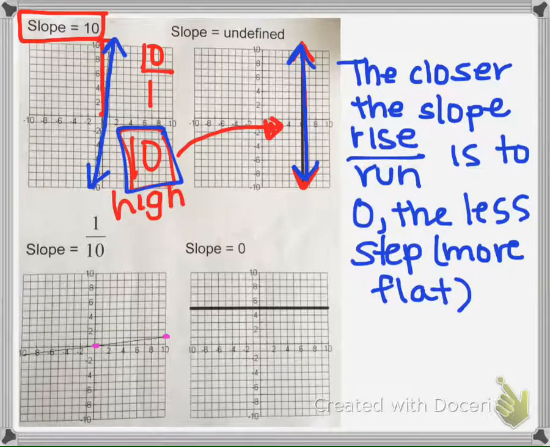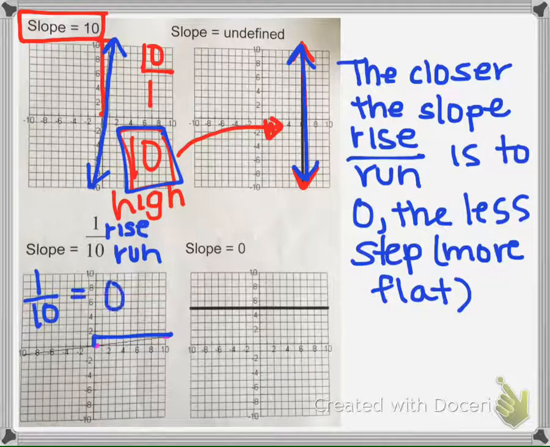Now, if we take a look at this one, if we rise 1 and then we run 10, we get 1/10. And 1/10 is a small number. It's 0.1 as a decimal. So this line right here is very flat. It almost looks like a horizontal line.